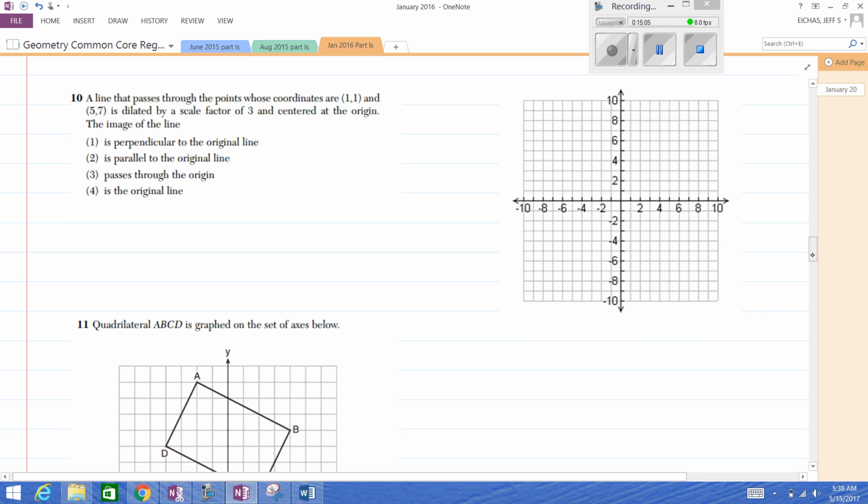All right, number 10. We have a point at 1, 1, which we'll call A, and B at 5, 7. What we're looking for here is we're going to dilate a line. So we always get either the same line or a parallel line. We get the same line when the center of dilation is on the line.